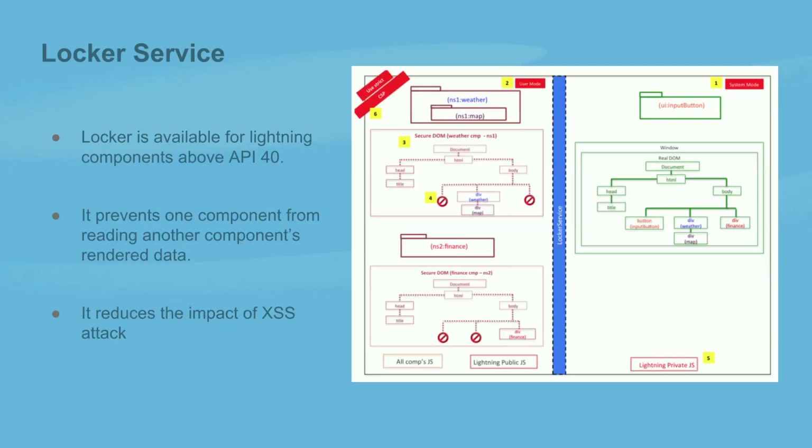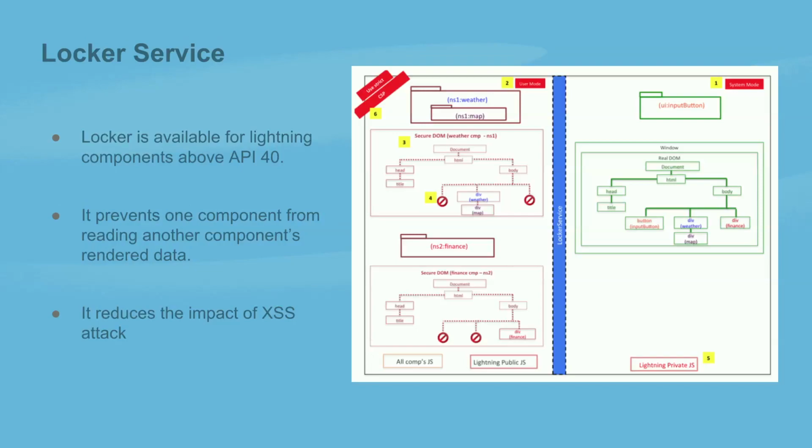And the other thing that we could have heard about is Locker, which Salesforce introduced after API 40. So Locker, in a way, reduces the impact of cross-site scripting. It's like a JavaScript sandbox, where the JavaScript is restricted within the namespace.